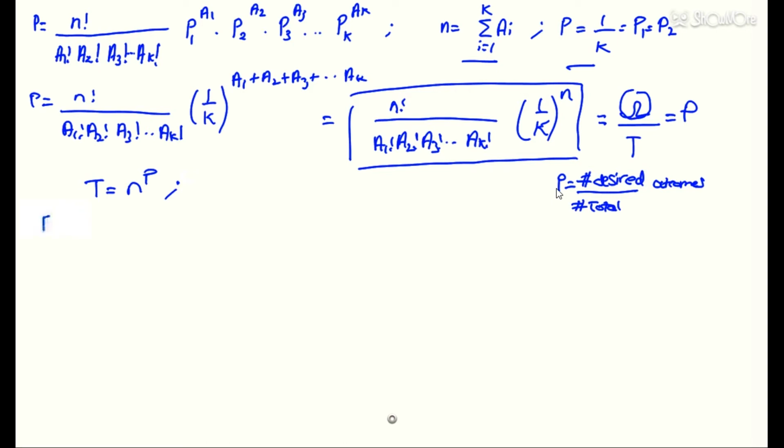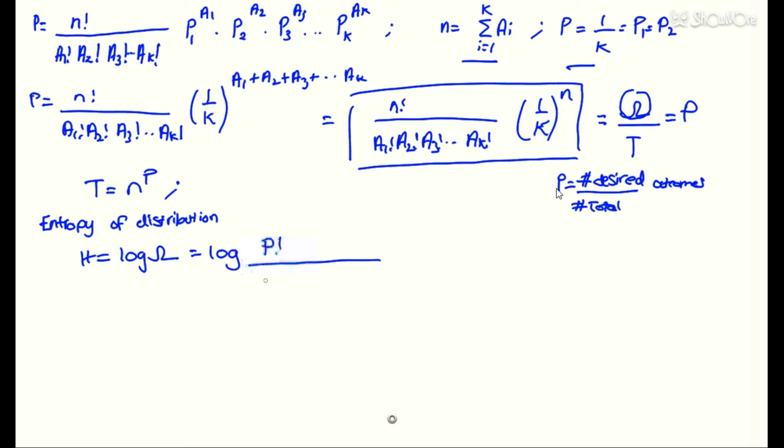Okay, we must know that the entropy of the distribution is H is equal to log sigma, which is the same as log omega, in our case, our omega is n factorial over a1 factorial, a2 factorial until ak factorial.